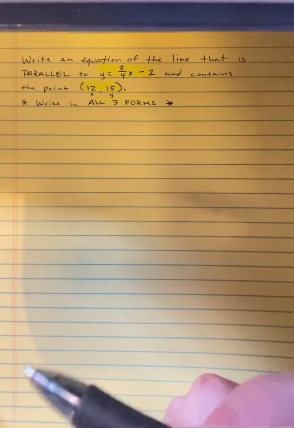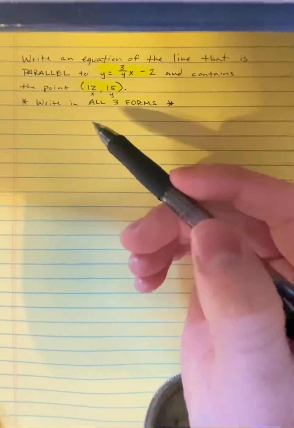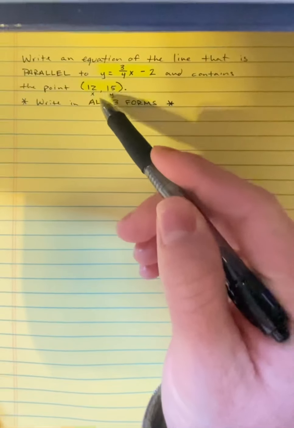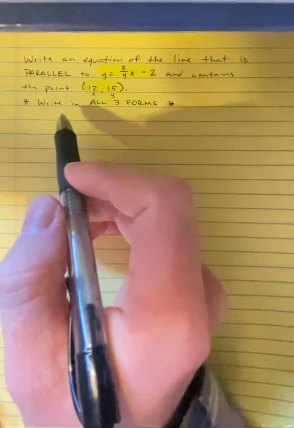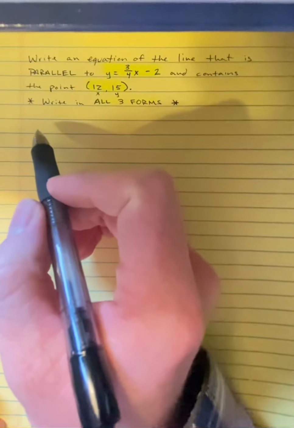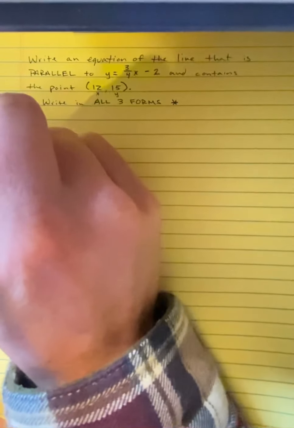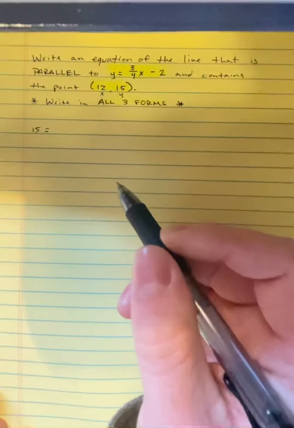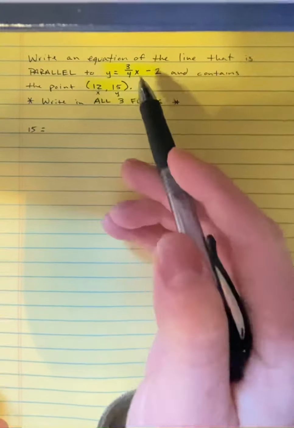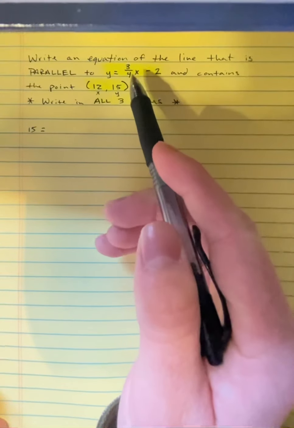And the question that I encourage you all to ask yourself when you start a problem is, what can I do with the information that I have? Usually you'll find that what you can do with any information is plug it in. So let's first put this in slope-intercept form by plugging in the information that we know. We know that y is 15. So I'll say 15 equals. I know that the slope, because it's going to be parallel to this line, has to be 3 over 4.